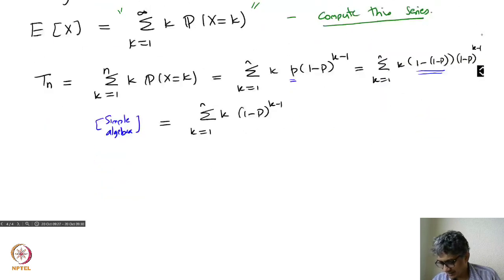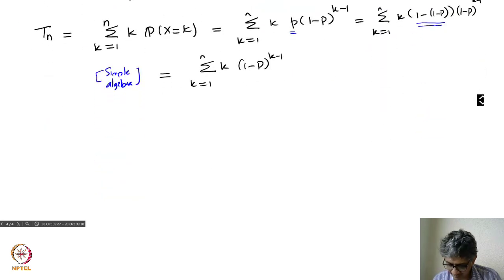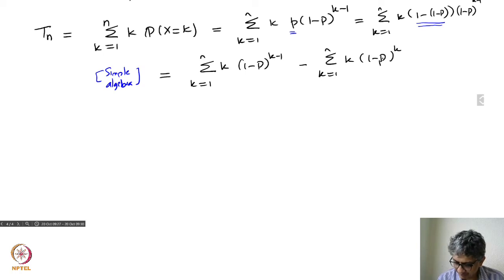Now once you have that, you're on your way. This is this minus the sum from k equal to 1 to n, k times 1 minus p to the power k. So I'm just multiplying it out. Simple algebra gives that.